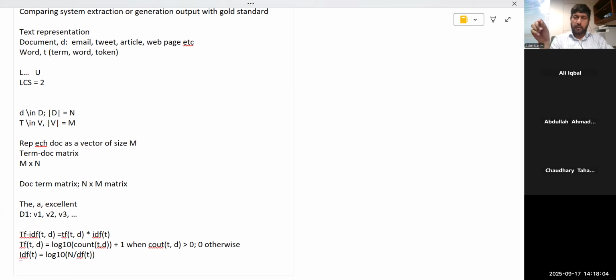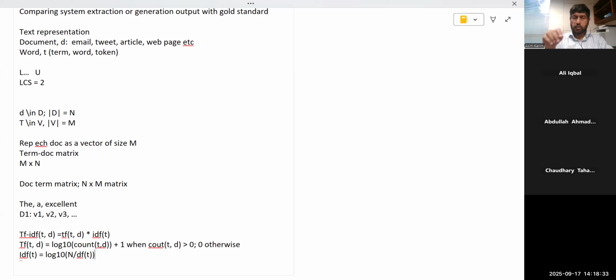So in other words, what is df? This is the number of documents that contain term T in the collection. And on top you have n. So in other words, df over n is the document frequency. Okay, in its normalized form we are taking the inverse: we put n on top and df at the bottom. Okay. So this is IDF, and as I said before, tf-idf is the multiplication of both of these terms.